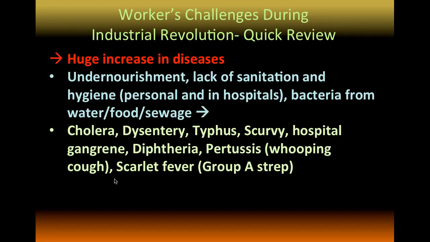Diphtheria and pertussis, which is also known as whooping cough, and scarlet fever, which is group A strep. And all of these things led to death, led to extremely high mortality rates in the populations of industrialized nations.